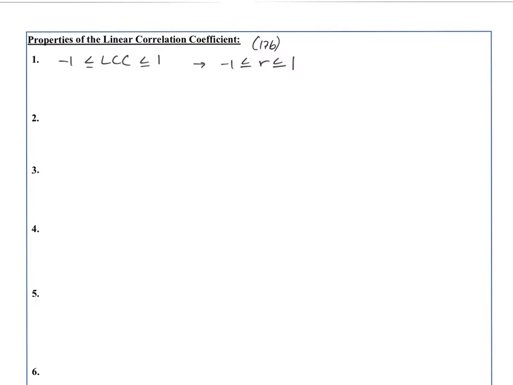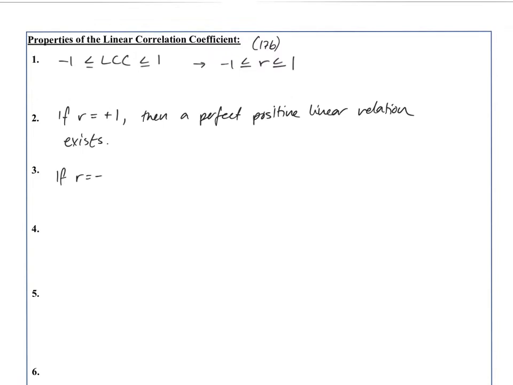Second, if r equals positive 1, then a perfect positive linear relation exists between the two variables. If r equals -1, then a perfect negative linear relation exists.